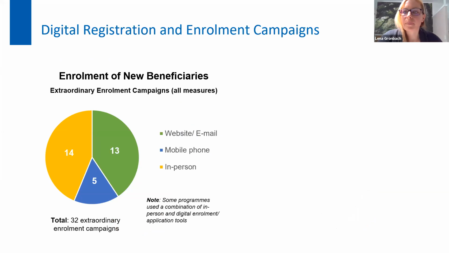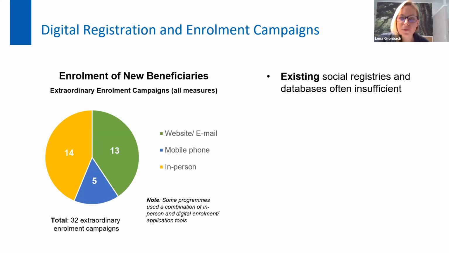Okay, and then the last thing I want to zoom into is the use of digital tools, both for enrollment and registration and for payment, because that's really been one of the kind of distinguishing features of the social protection response here.